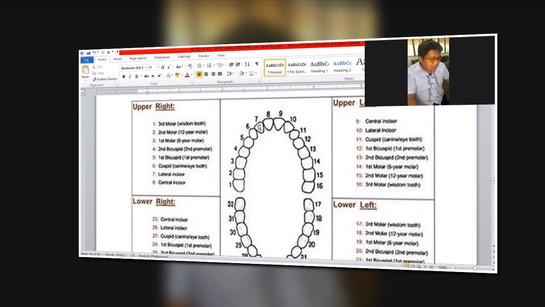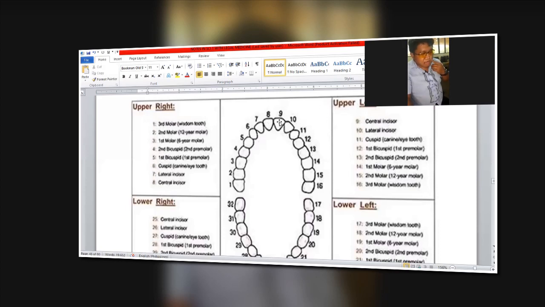Number 7, that is the lateral incisor. Dalawa ang klase ng incisor: lateral and central incisor. So, number 7 is lateral, upper right. Then, number 8 is central incisor. Number 9 is upper left. So, ang upper right is tooth number 1 to 8.